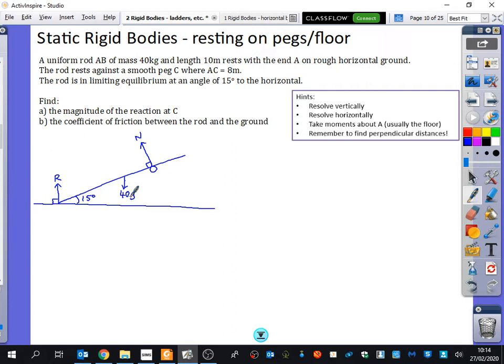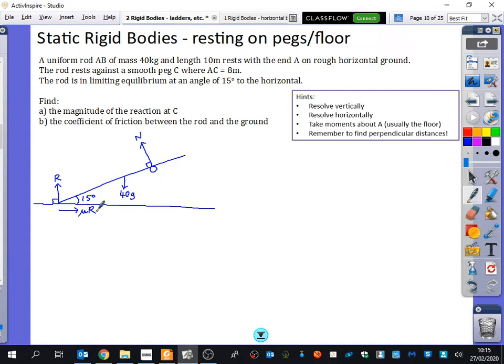If it's wanting to slide in this direction, the friction must be going in this direction. Just because if something's trying to move to the left, the friction must go in to oppose that direction, just like we did earlier on in the forces topic. And that is all of the forces that we have here, okay?